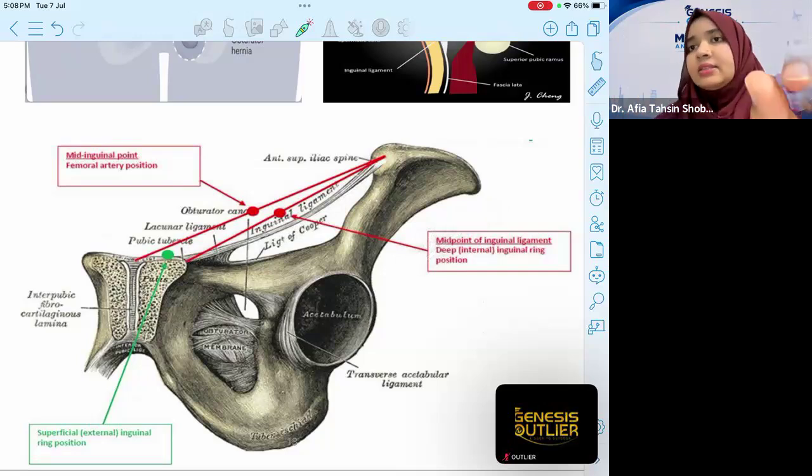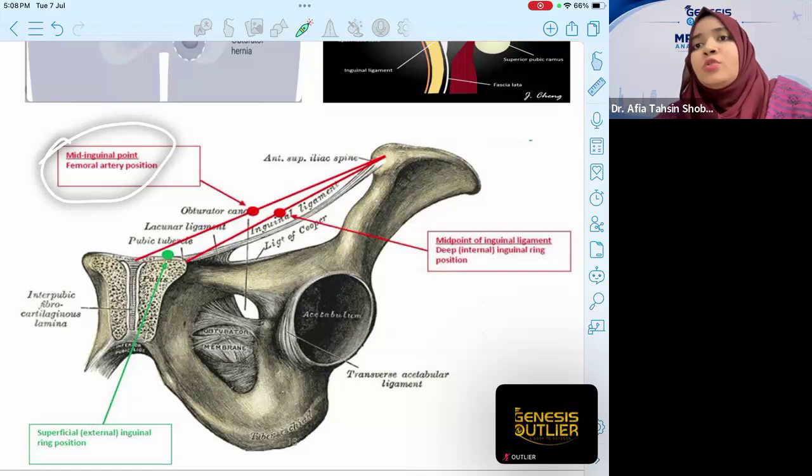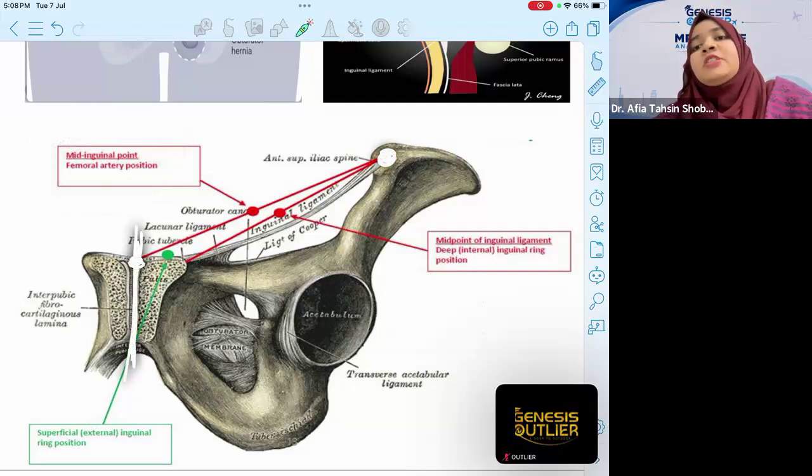Okay. And another thing, it will be needed in our clinical examination: where the femoral artery is, you have to feel the pulsation of the femoral artery. So you have to know the surface marking. Mid-inguinal point means the point between the anterior superior iliac spine and the pubic symphysis. See here, this is the pubic symphysis.